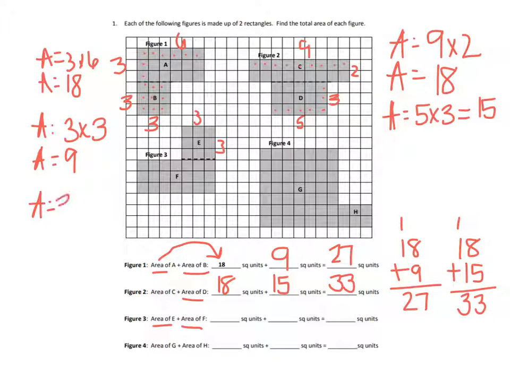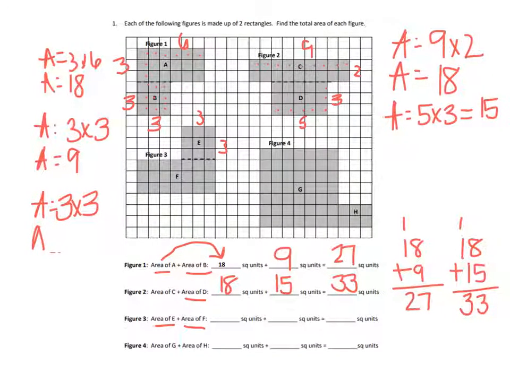Again, I know that I need to multiply length times width, which is 3 times 3. That means 3 times 3 is equal to 9. So the area of E is 9 square units.